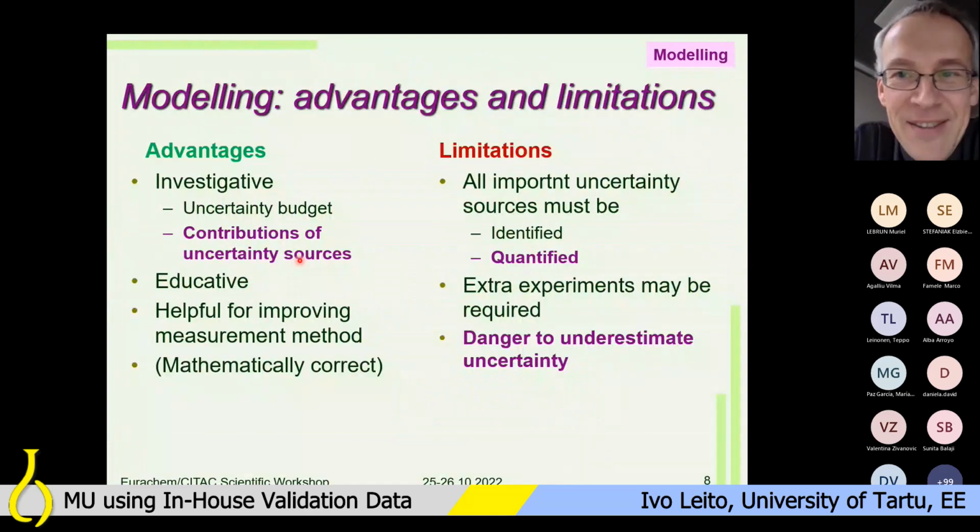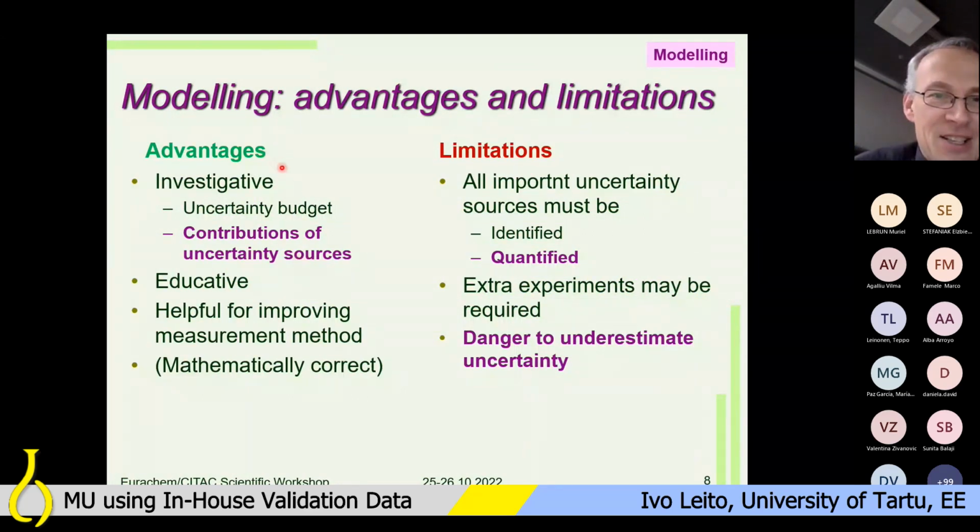And here are the advantages and limitations of the modeling approach. Certainly, an important advantage is that it's an investigative approach. You get an uncertainty budget, and also you get the uncertainty components and the sensitivity factors, so you get contributions of uncertainty sources, meaning you can learn where exactly the uncertainty comes from. And this can be very helpful for improving the measurement method.